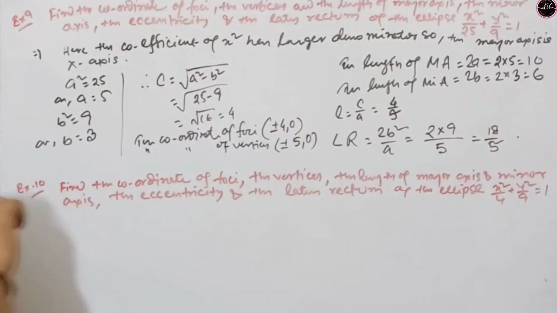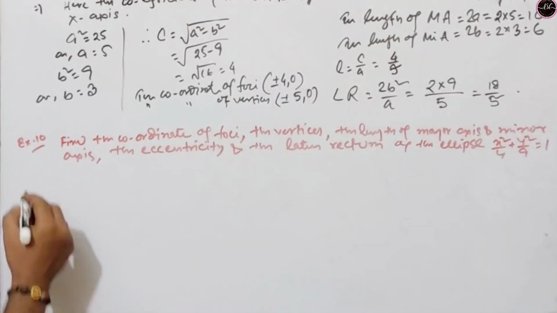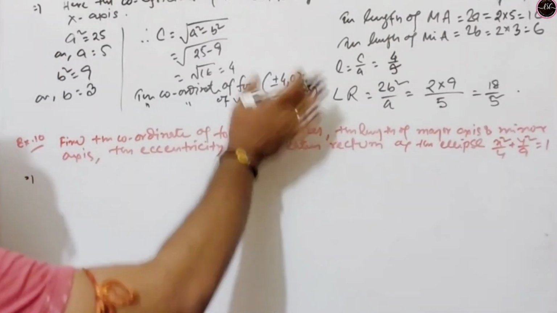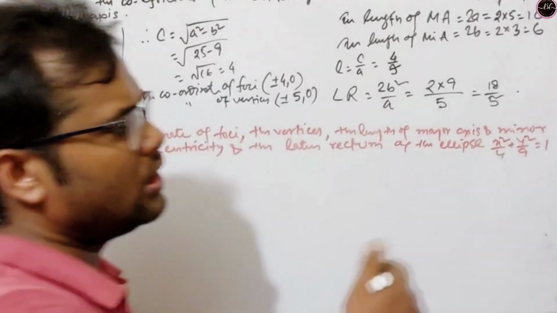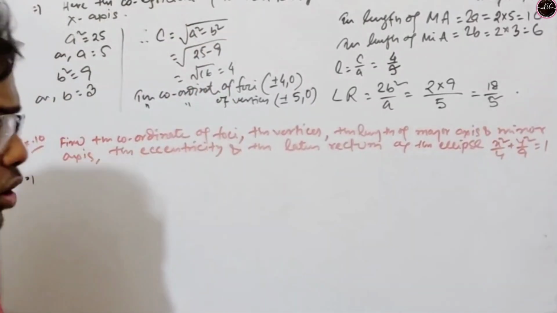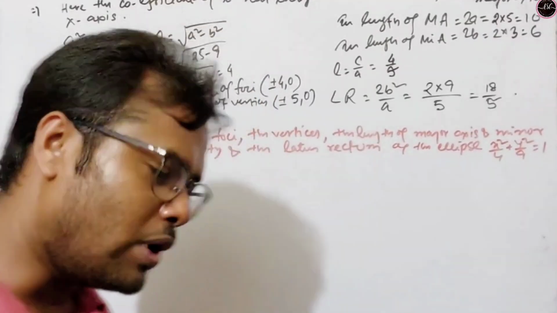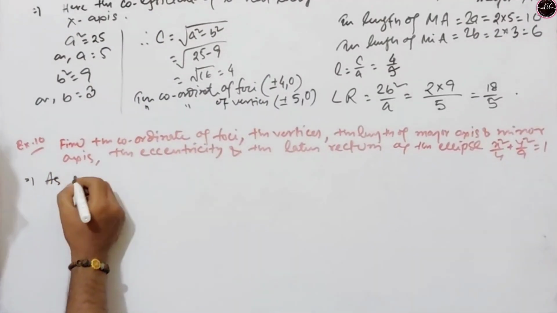Okay, very easy. Now similarly this is the same type as before, but here is some difference. Here the coefficient of y square has the larger denominator, so the major axis is the y axis.